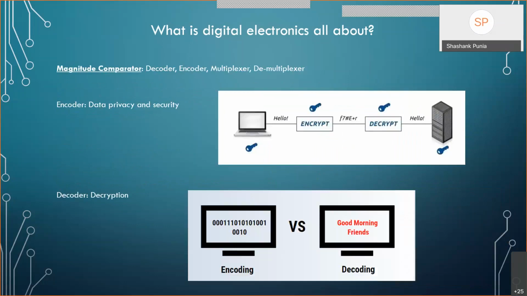Don't get into such details. Don't remember those specific decoder examples, but just fit the simple ideology that decoder does decryption. You know that there's binary data and that translates into a message. So your whole idea is that if you have some data, you're trying to expand it into something sensible.